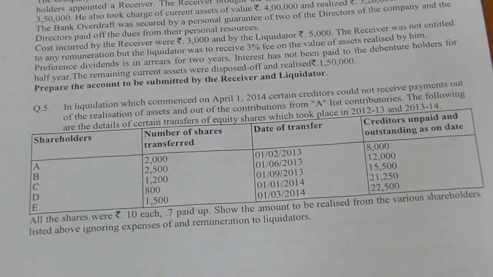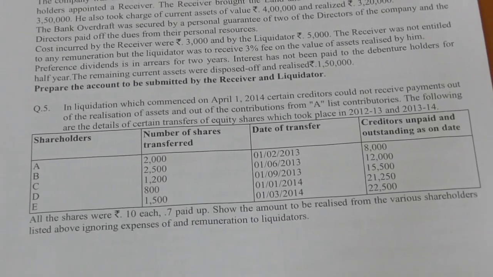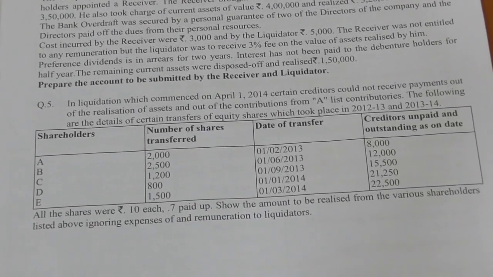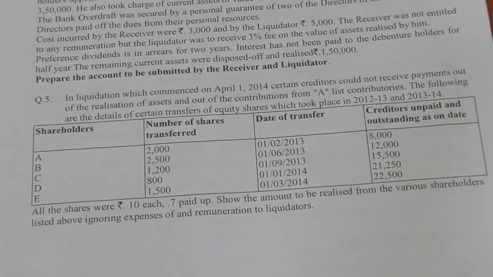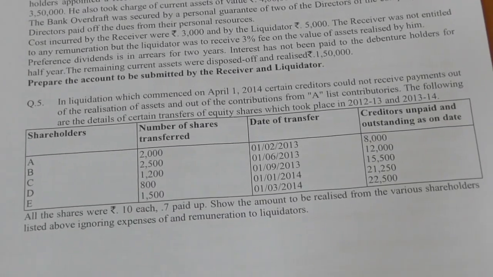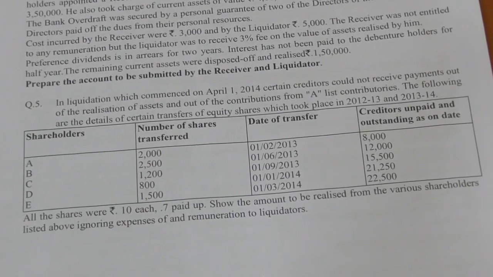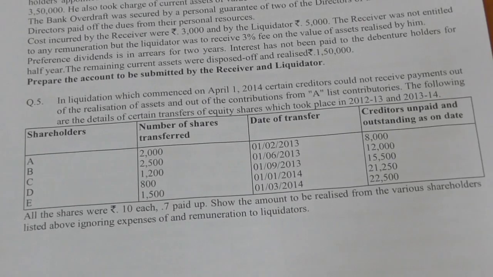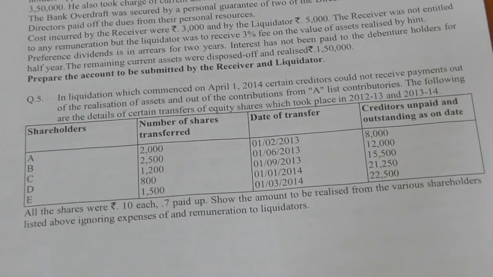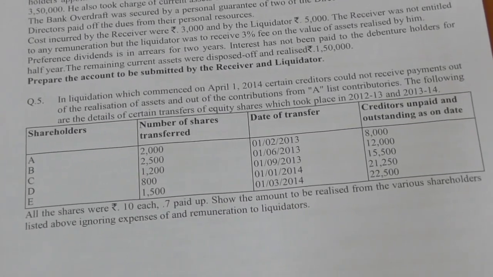The date of transfer is very critical, which is 1st Feb 2013, 1st June, 1st September, 1st January 2014 and 1st March 2014, and at the same time the amount of creditors which were pending on that particular date.